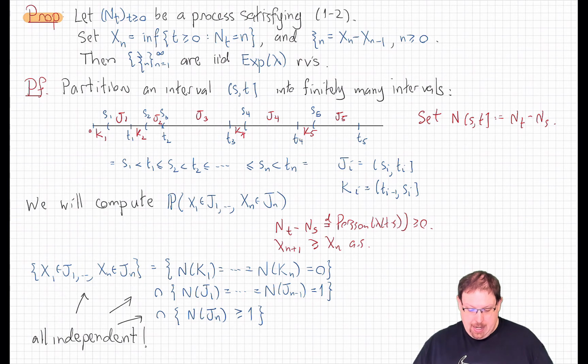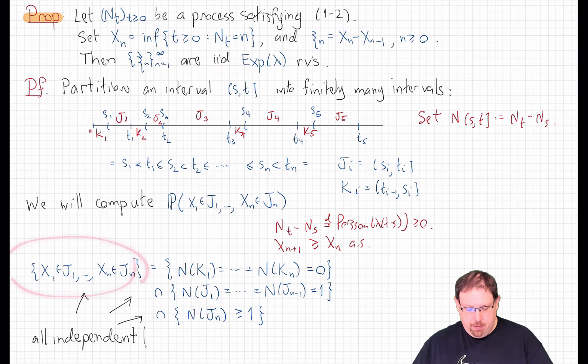All we know is that xn is in Jn. But it could be that xn+1 and xn+2 and xn+3 are also in Jn. All we know is that the increment from Sn up to Tn has at least one jump in it. So that's what we can say there.